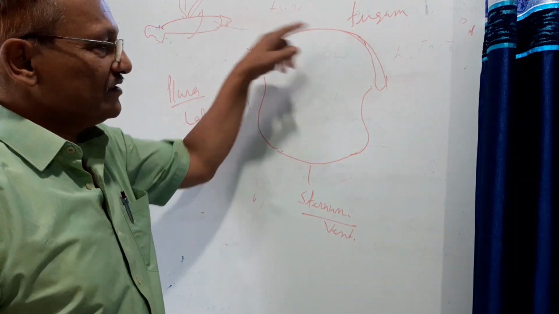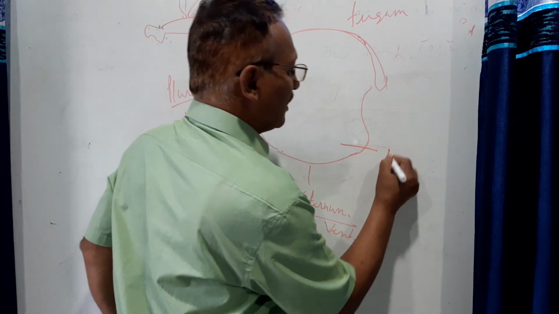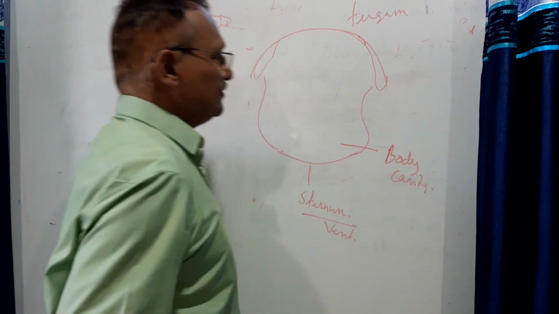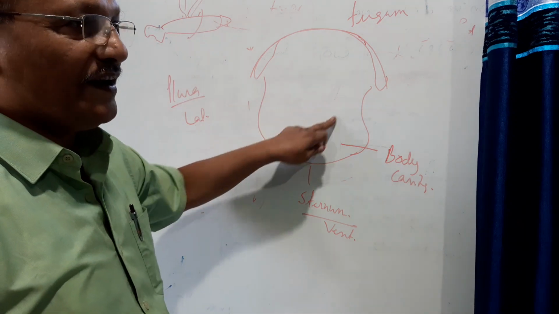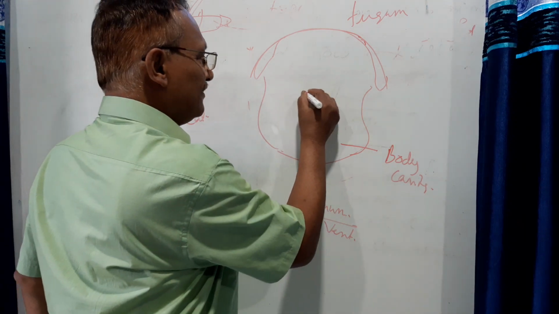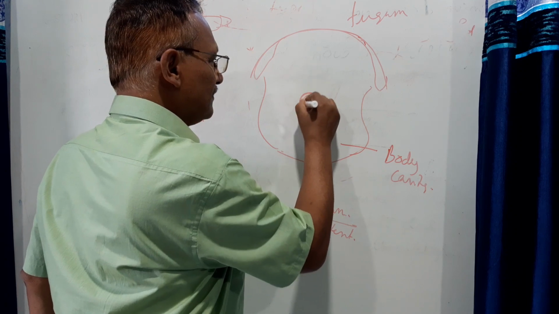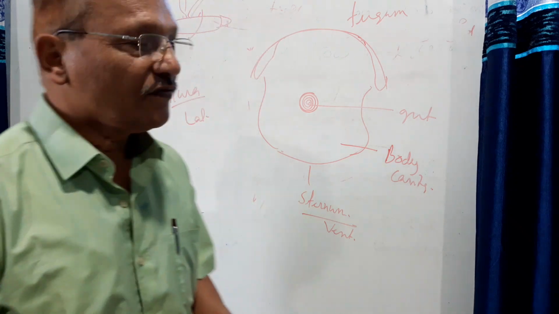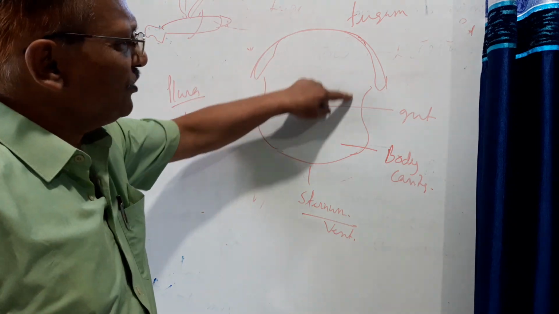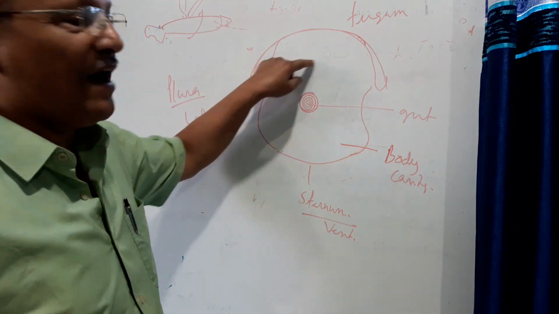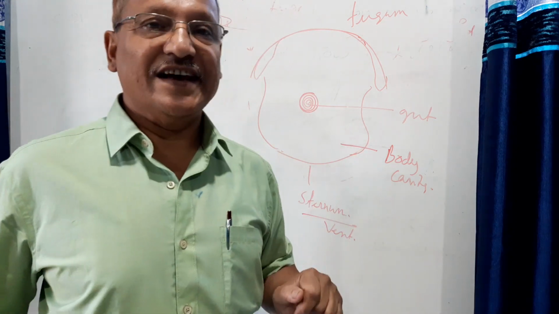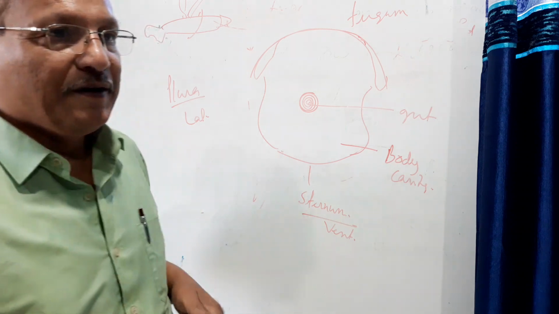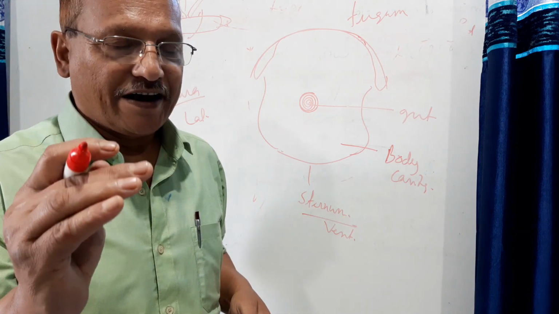So this is the body cavity, which internally contains the gut or alimentary canal. This body space or body cavity is divided into 3 sinuses by 2 diaphragms, the dorsal diaphragm and the ventral diaphragm.